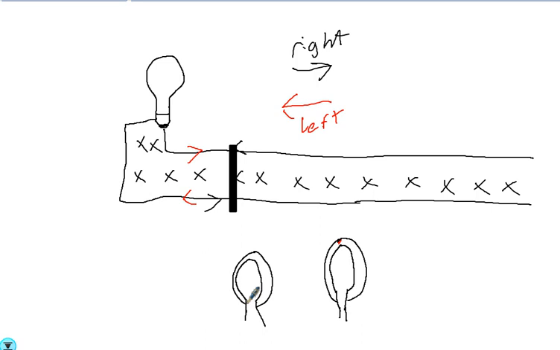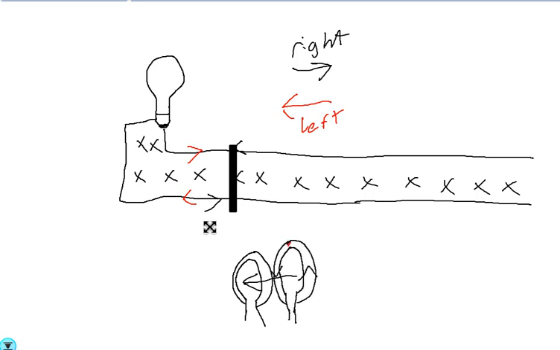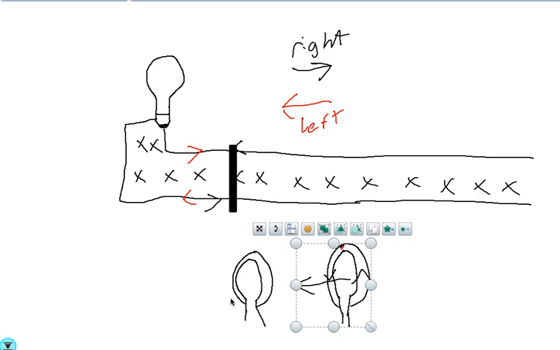So let's say that there's a current going in this direction through this wire. We learned yesterday that the magnetic field would be pointing this way. And we talked about how if we move this ring of wire closer to the other one, Mother Nature is going to resist the new flux of the magnetic field.